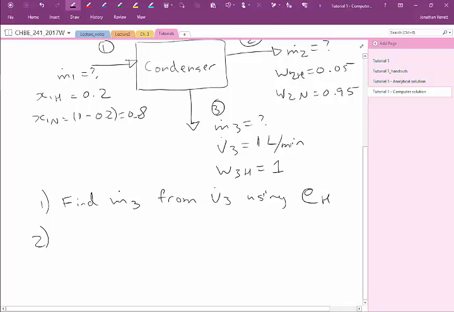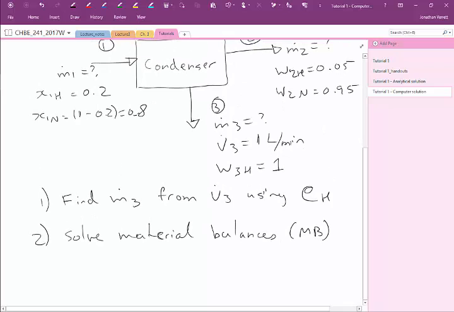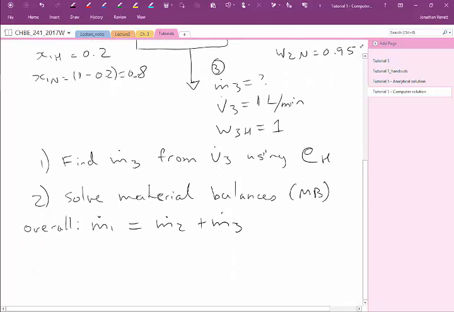And then our second step is we're going to solve material balances, or MB. In this case, our total balance, or overall balance, is M1 equal to M2 plus M3. The mass going into my system is equal to the mass coming out.